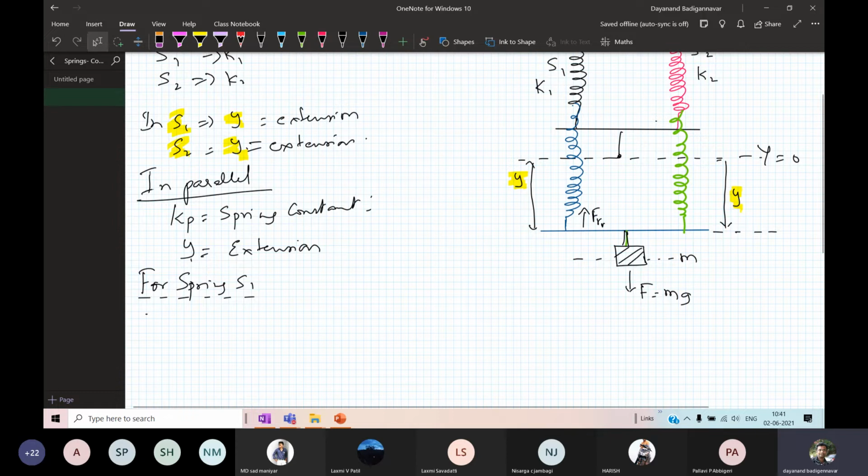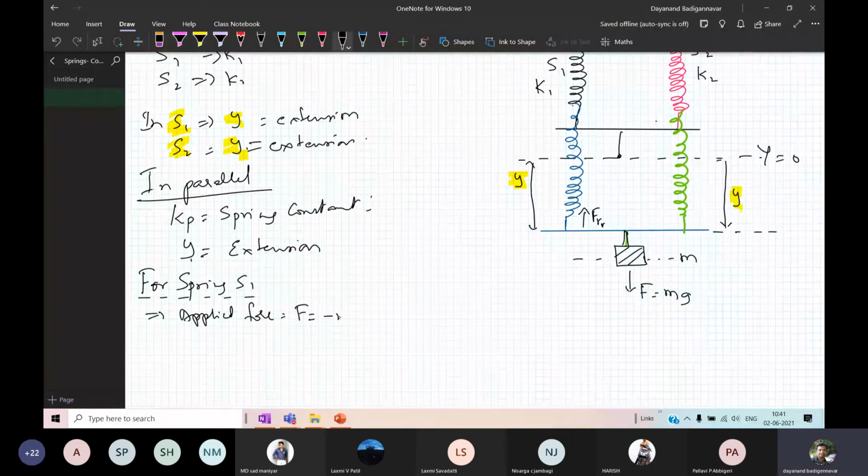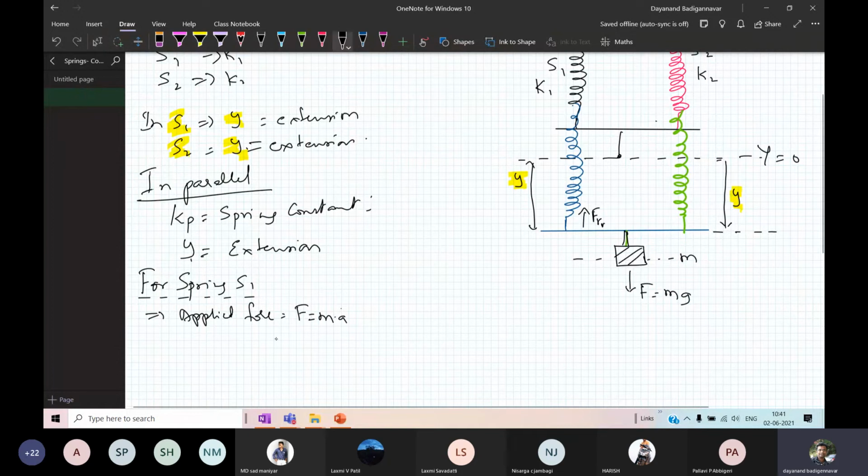Okay, so therefore, I can write the applied force F is equal to M into G. Then you have the restoring force for the first spring.